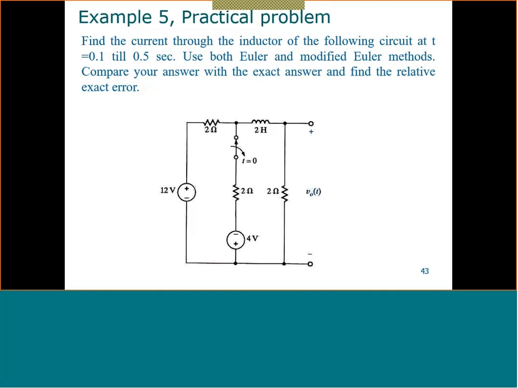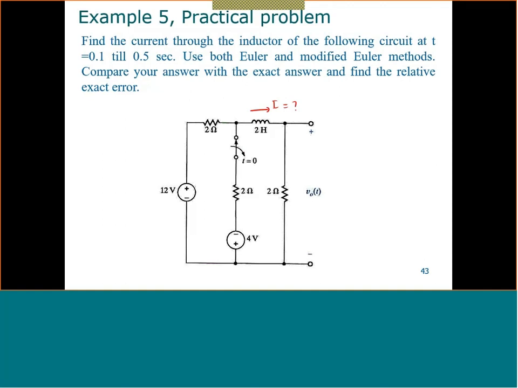Now, this circuit, as you can see, has a voltage source, DC sources. In the following circuit, we want to find the current that goes through the inductor, this current I. As we know, the inductor is a storage element, so it will be either charging or discharging. So we are interested to see how the current will behave when the switch changes from one position to another.